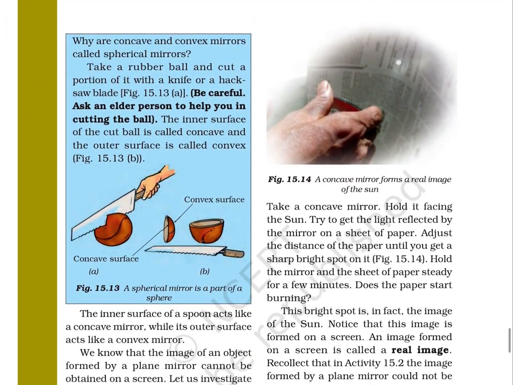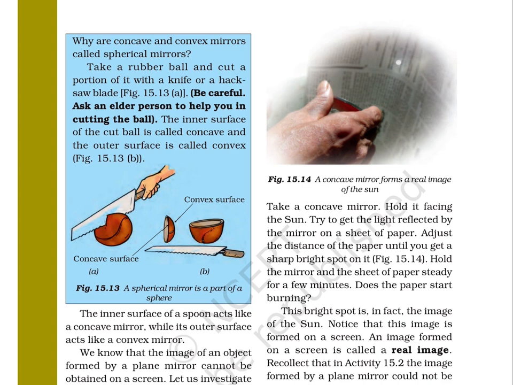Why are concave and convex mirrors called spherical mirrors? Take a rubber ball and cut a portion of it with a knife or a hacksaw blade. You can observe this in figure 15.13a. Be careful. Ask an elder person to help you in cutting the ball.